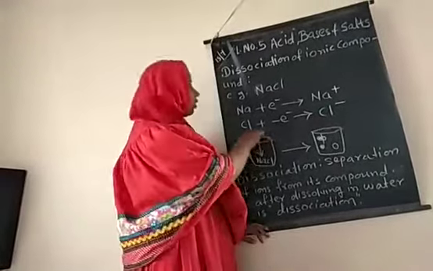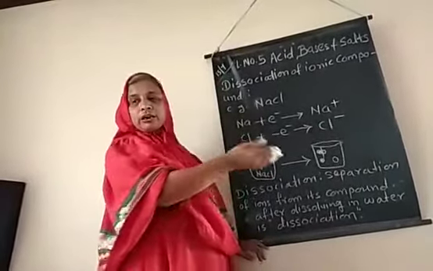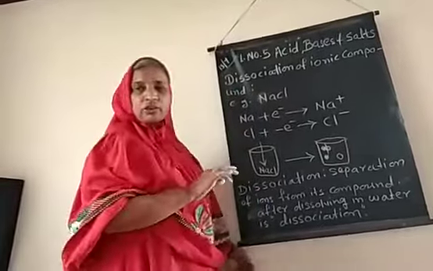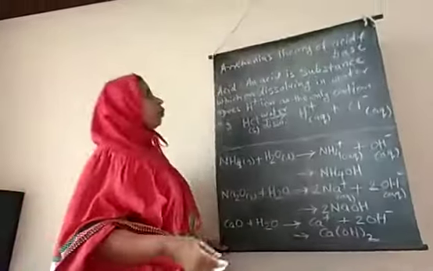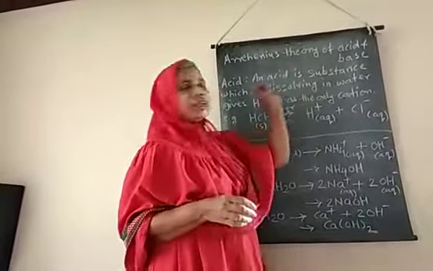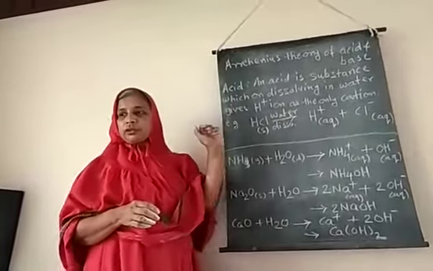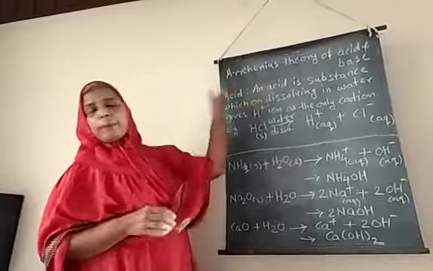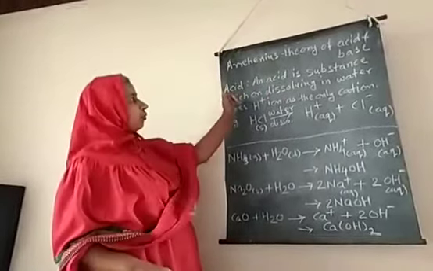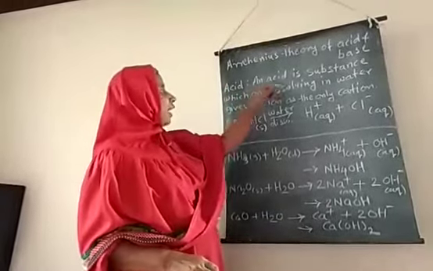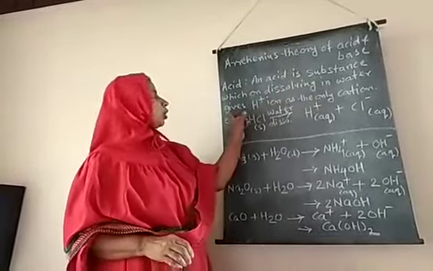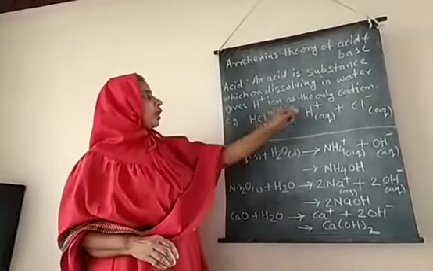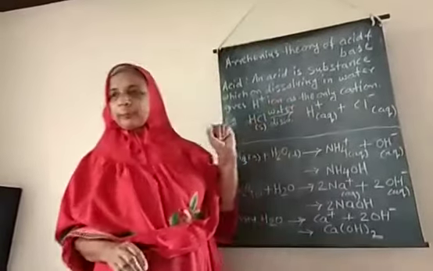On this definition or property of dissociation, Arrhenius, the Swedish scientist, put forth the theory of acids and bases. He explained the meaning of acid on the basis of dissociation. An acid is a substance which, on dissolving in water, gives H plus ions as the only cation.